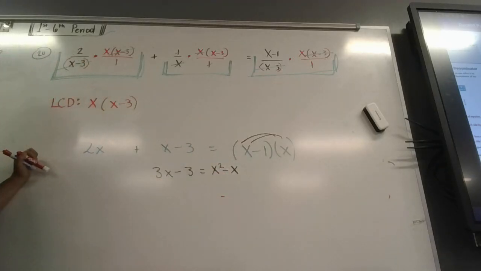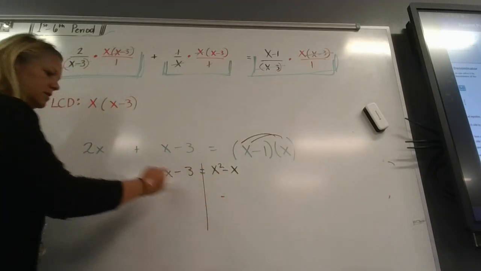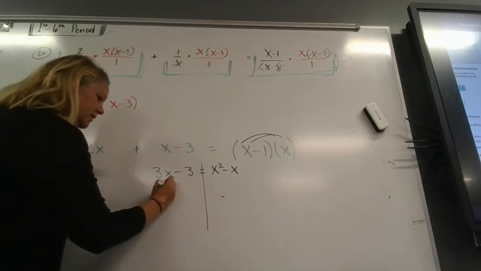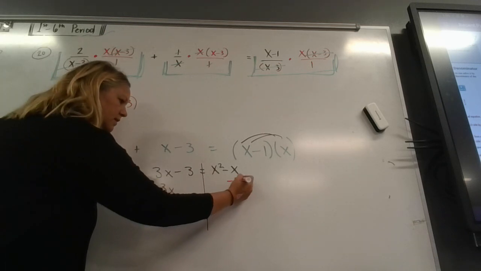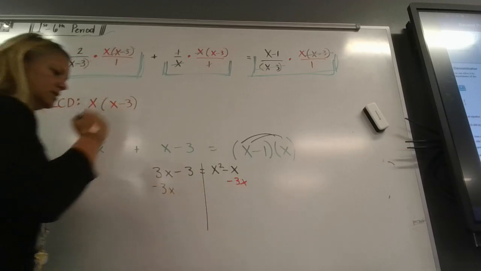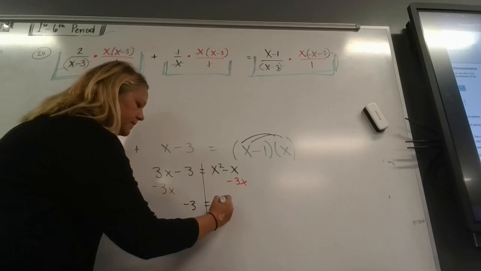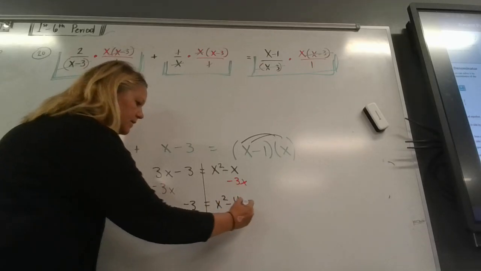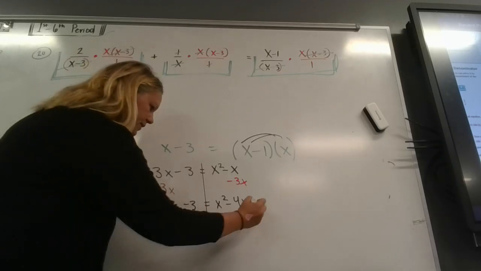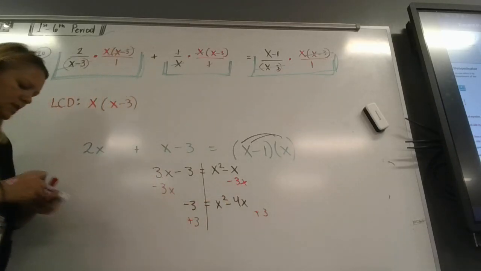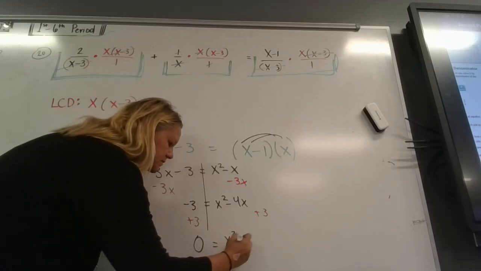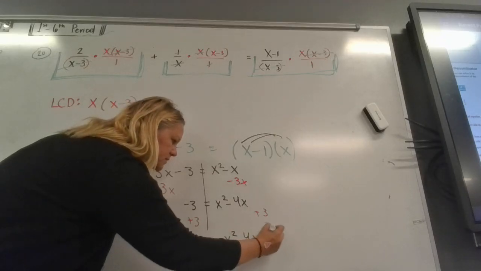I don't want negative x squared, so I'm going to take the left terms and cancel them out to the right. Add 3. And we got 0 equals x squared minus 4x plus 3.